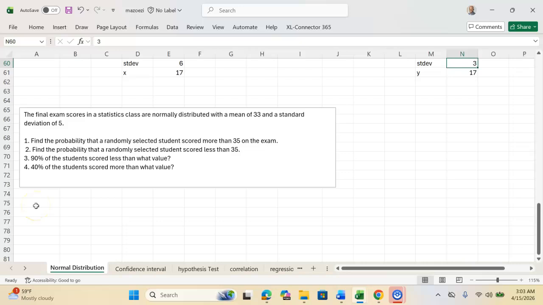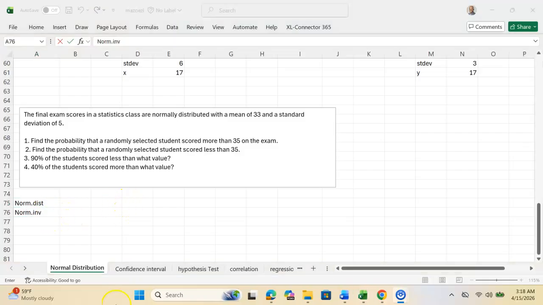We're going to look at two functions. One is the function that can help us find the probability, and the other one is to find a value. So we're going to use norm.dist, and the other one is norm.inv.